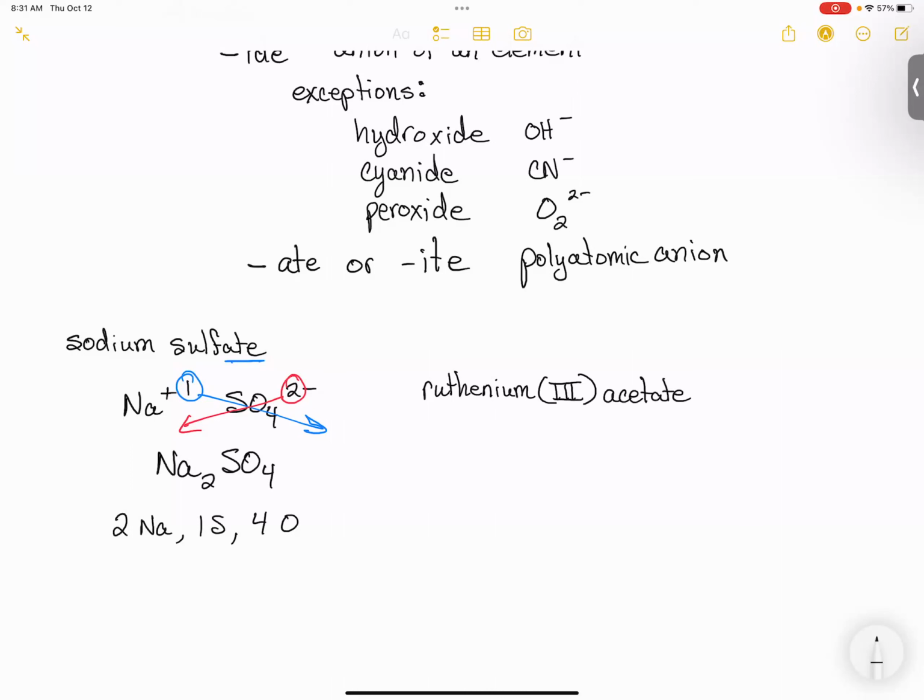What am I telling you if I'm giving you the Roman numeral? Whose charge? The metal's charge. So ruthenium's charge is a 3+.